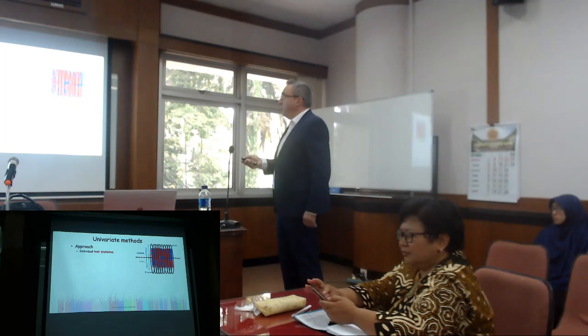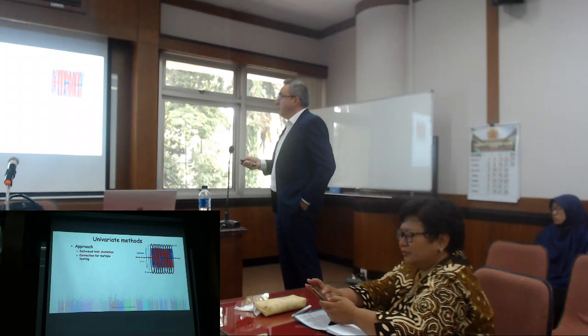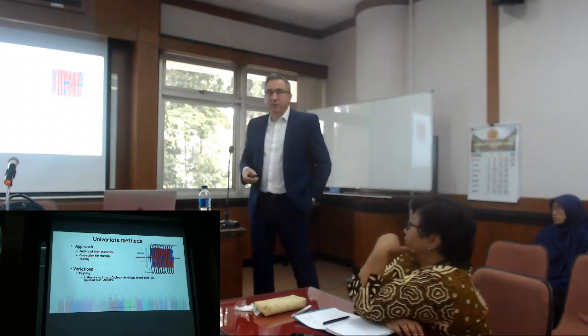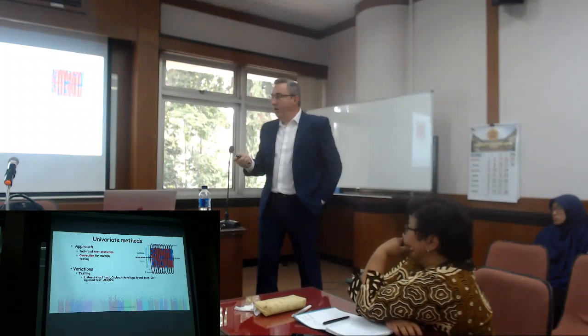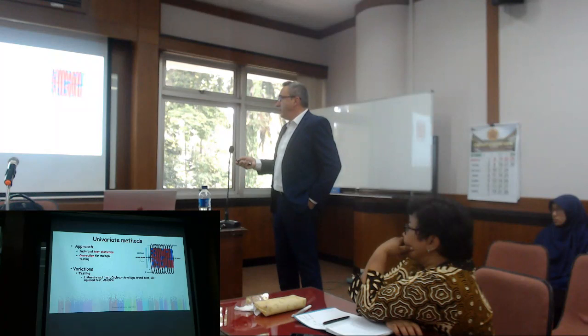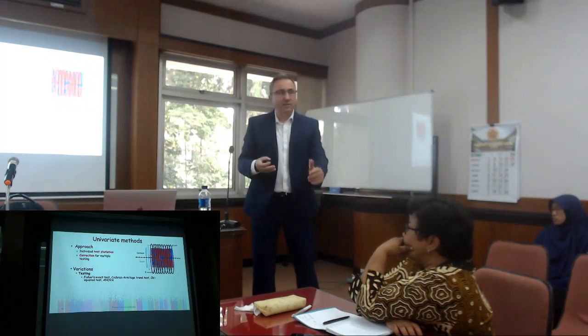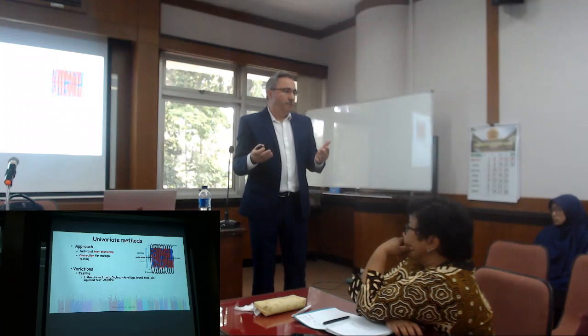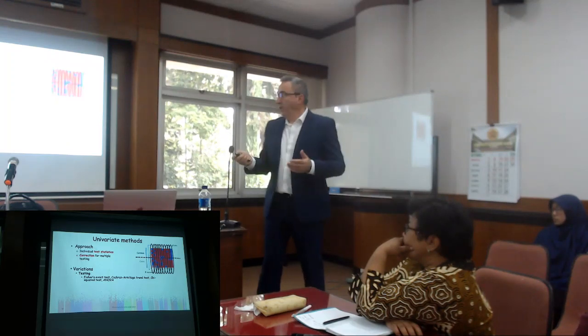So you use statistics for testing and use a correction for multiple testing. For testing, this will become pretty familiar to you. So one of them is the Fisher exact test. This is a very standard statistical test for biologists. Okay?